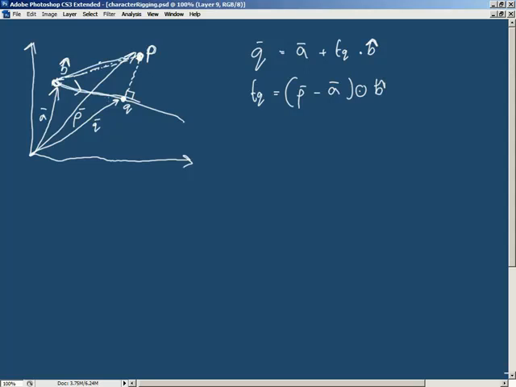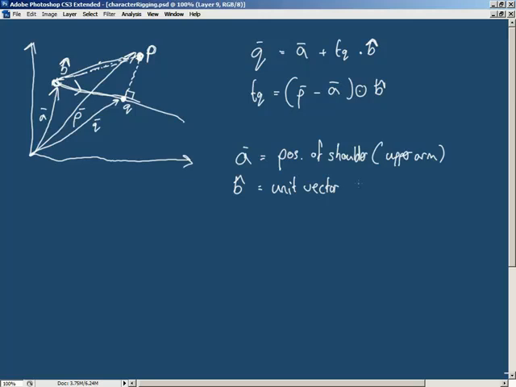So just again to point out each of these components, A is the position of our shoulder, which is really the position of our upper arm, since we know our upper arm's origin is located at the shoulder. B is a unit vector in the direction from the upper arm origin down to our end effector.